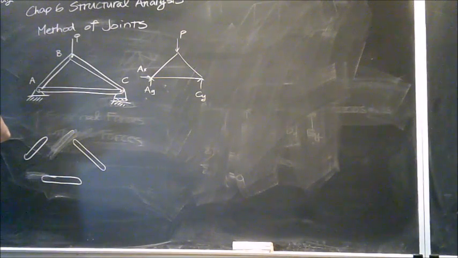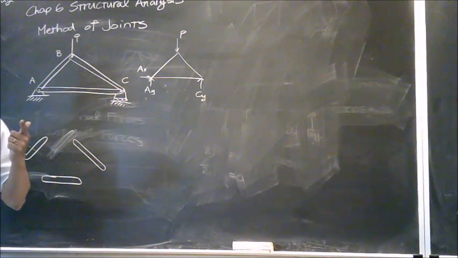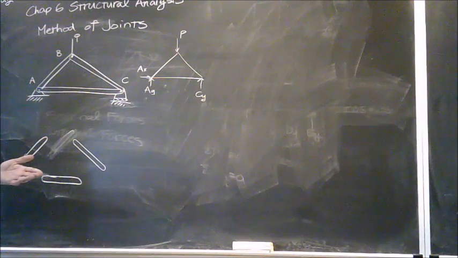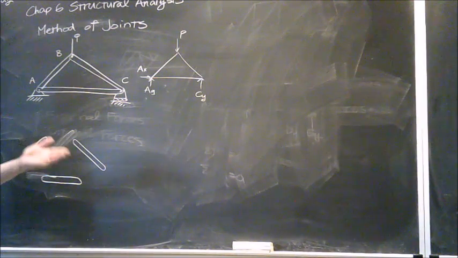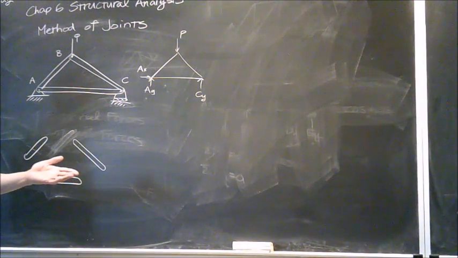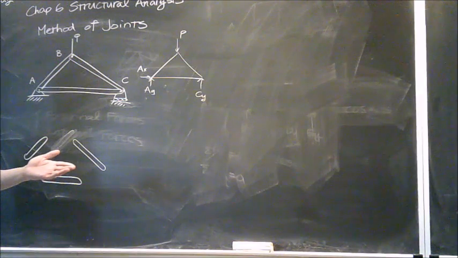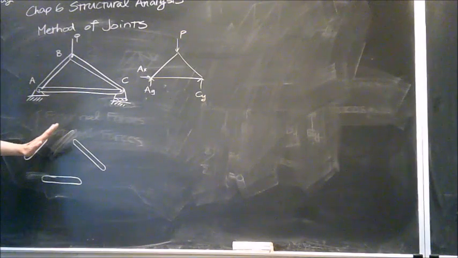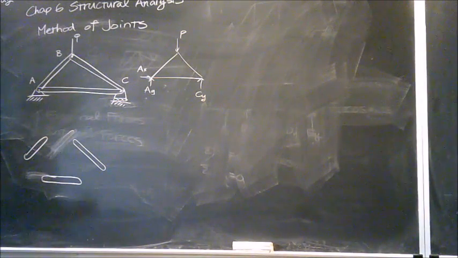So based on chapter 5, what is this? A 2 force member. When it's a 2 force member, what do we know? The force must be what? Same magnitude, but opposite directions, along the orientation of the bar. We just talked about that in the beginning of the class. Do you guys still remember that?